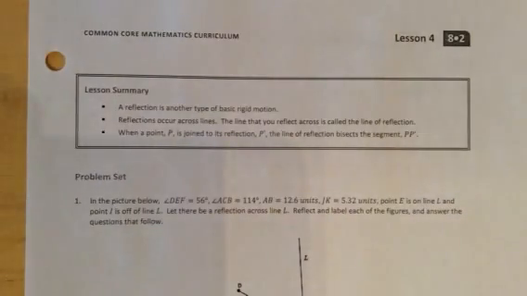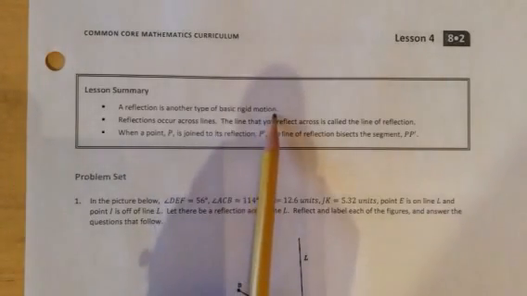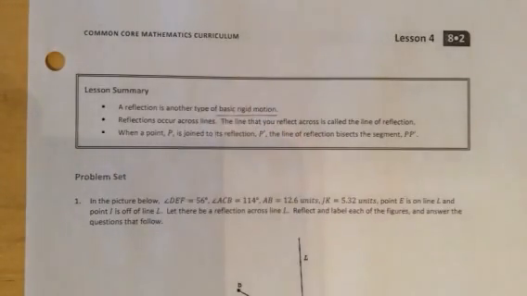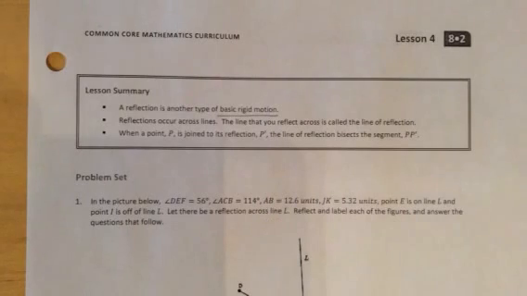A reflection is another type of basic rigid motion. And by basic rigid motion, what we mean is that all the lengths are preserved, the shapes are the same, lines map to lines, triangles map to triangles, rays to rays, segments to segments, and angles to angles. So reflections have the same basic properties as translations. When we were doing the slides, we saw that to be true, and the same is true with reflections.